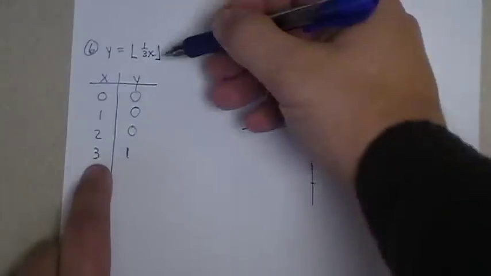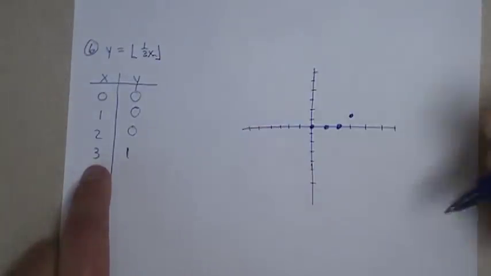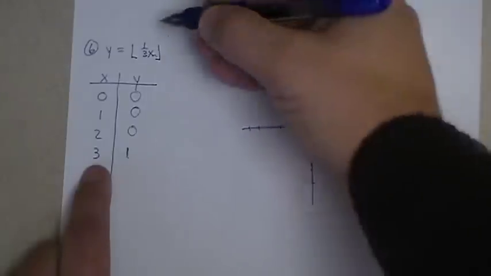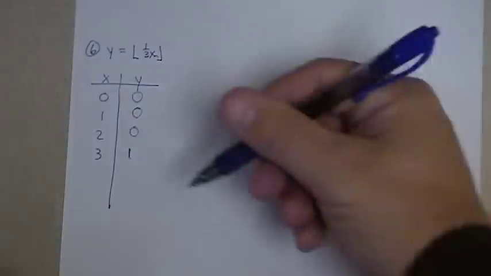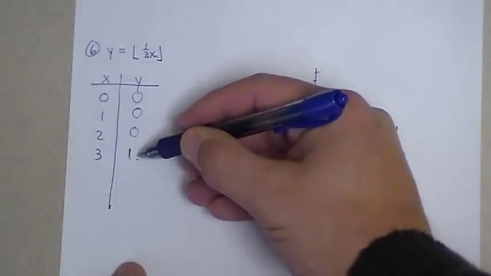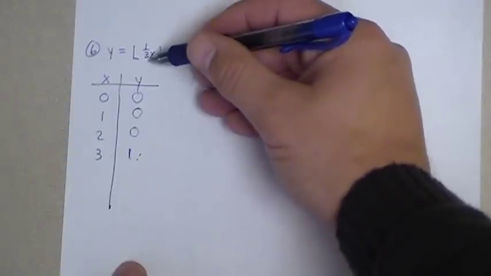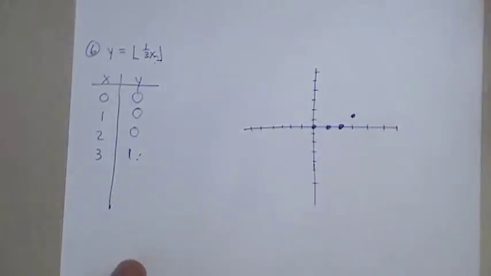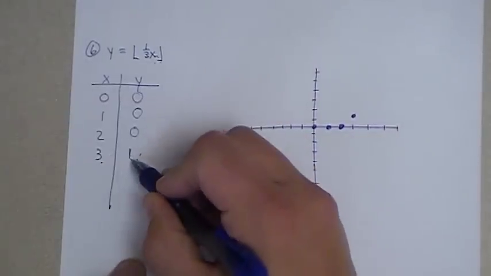When we put 3 in place of this x and multiplied by 1/3, we got 1. The floor of 1 is 1. It doesn't change at all. 1 is the first number that you can have that would give you a floor of 1. This is the first x value that will get you onto this step.